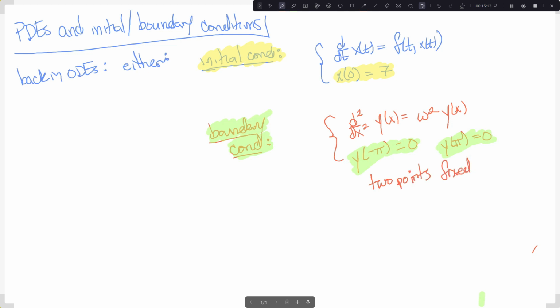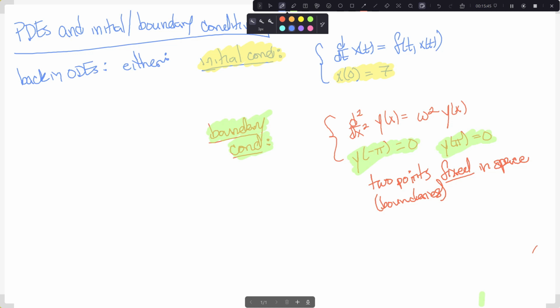And those are the boundaries. So that's something that you could have in an ODE: you either have an initial condition where you're initializing the ODE at a specific time, or you have a boundary condition where you have 2 points which have been fixed in space, and those are called the boundaries.